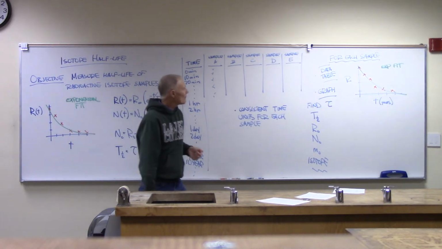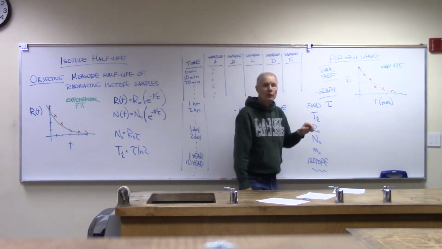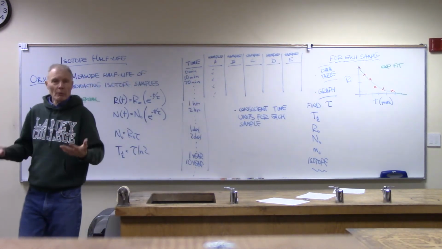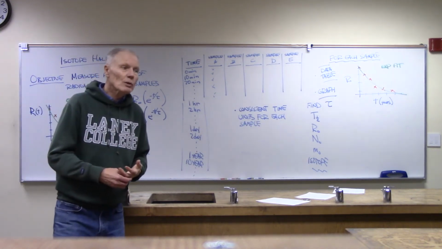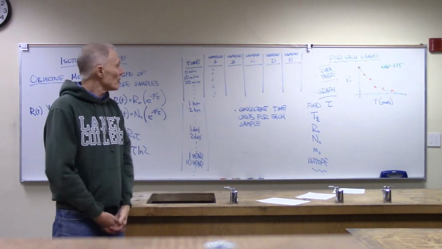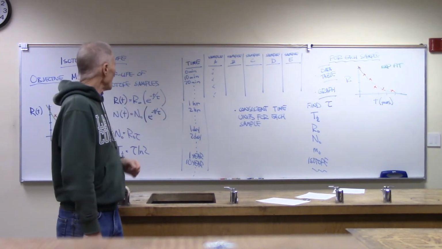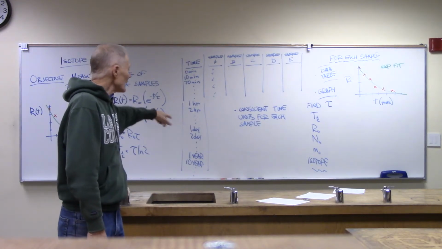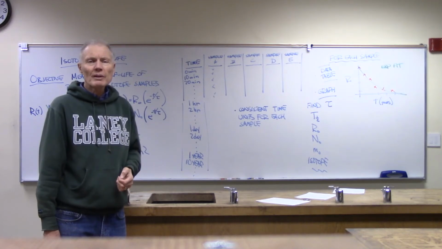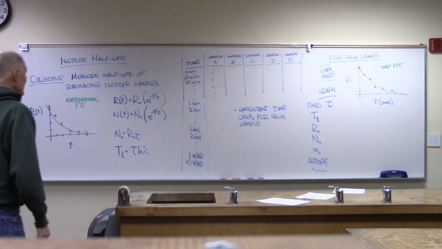Pick the time scale that is relevant to the sample you're looking at. If something looks like it's going to be gone within a few hours, maybe use minutes or hours as a time scale. If something seems to last for days, maybe use days. If it looks like it's lasting for years, use years as the time scale.